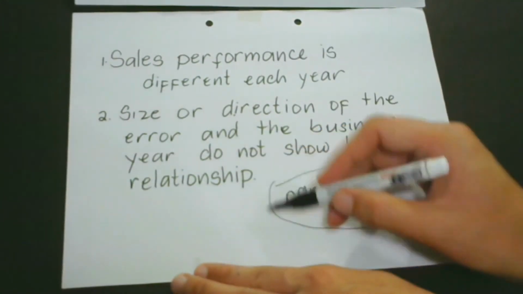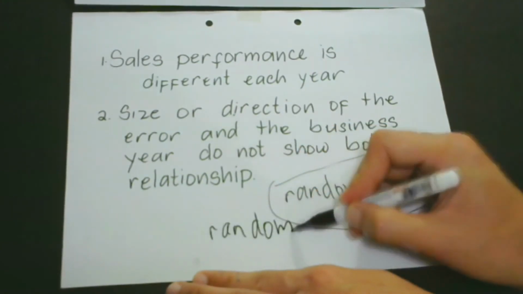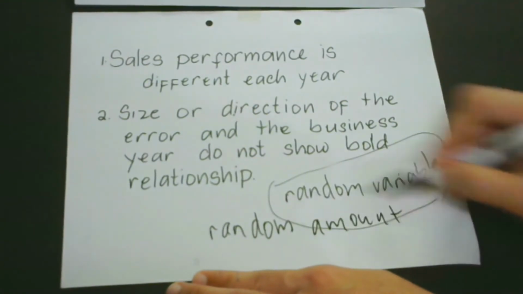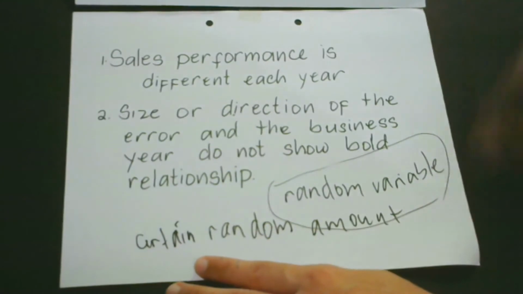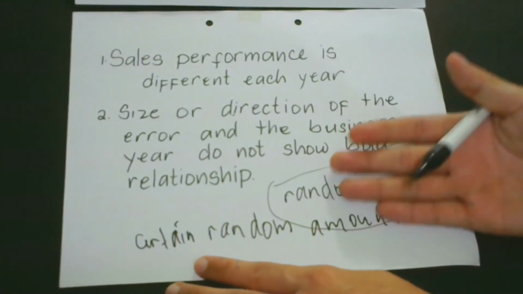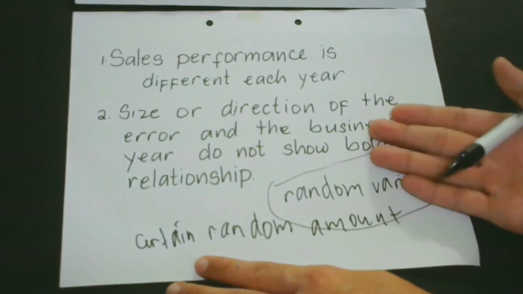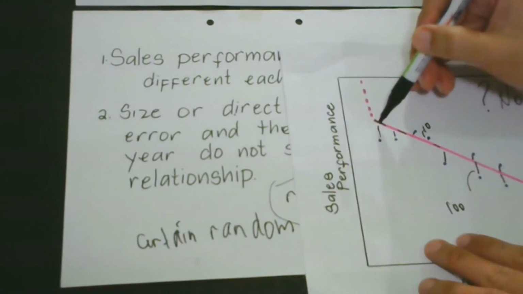A certain random amount of values. These values can either be positive or negative, and they can be the same as the errors here. Okay, so most likely, it can be the same.